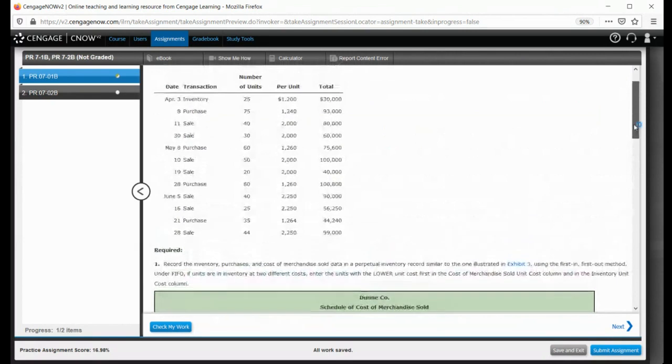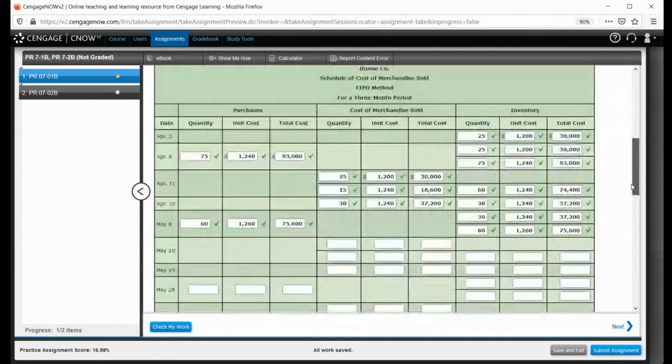Now, what you have to remember is how much you sold. And on May the 10th, we sold 50 units of merchandise inventory. Notice that 50 units, because we're using the first in, first out method, we're going to liquidate the entire first layer that we had of this merchandise inventory.